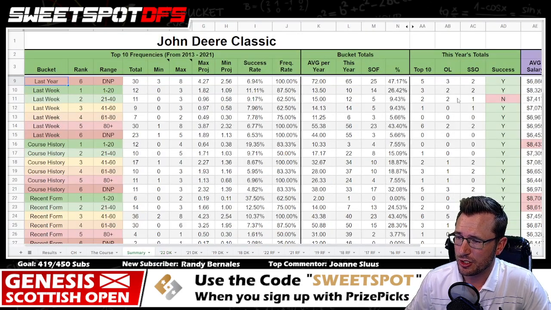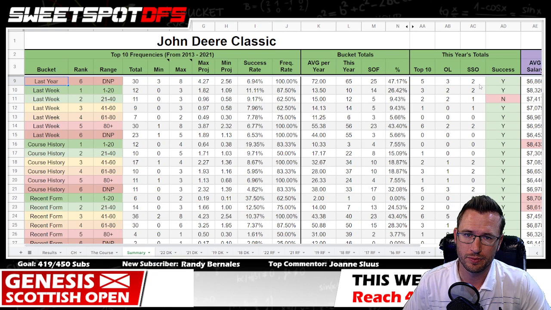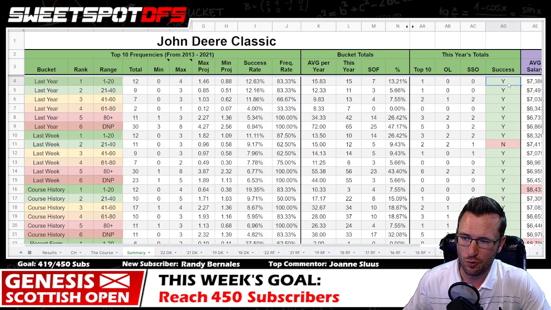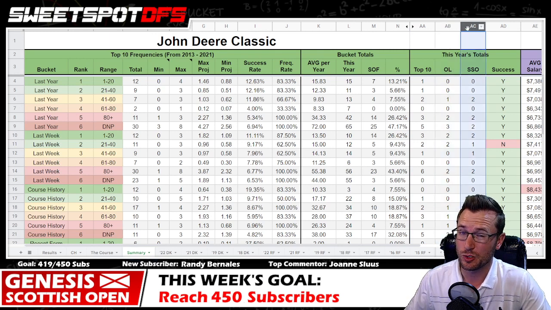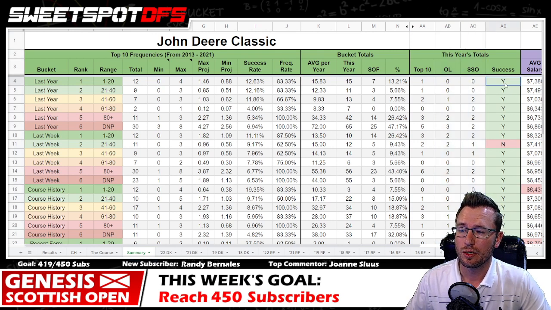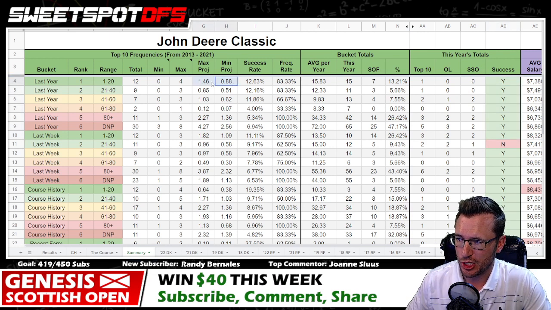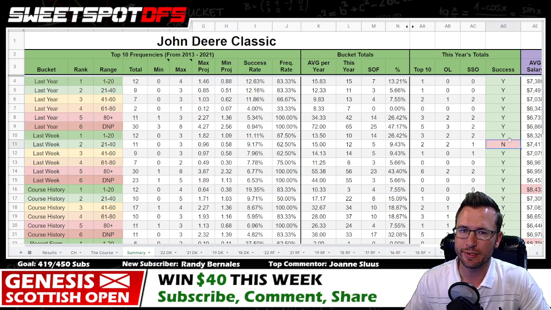The last piece to get to is how well did the buckets do? How well did the sweet spot buckets do? Now, I have a formula that's driven in here. If certain criteria are met between the top 10 optimal lineup and the sweet spot optimal, a Y means the bucket was successful, and that means these projections that I had were successful projections. And no means they weren't.